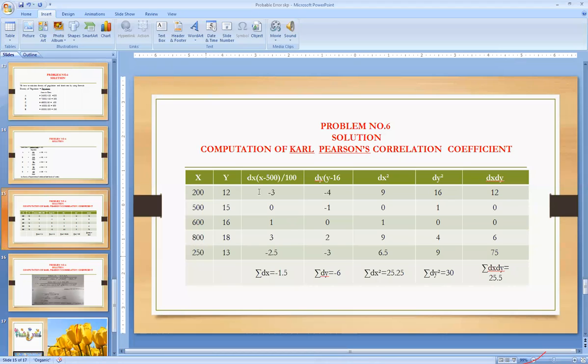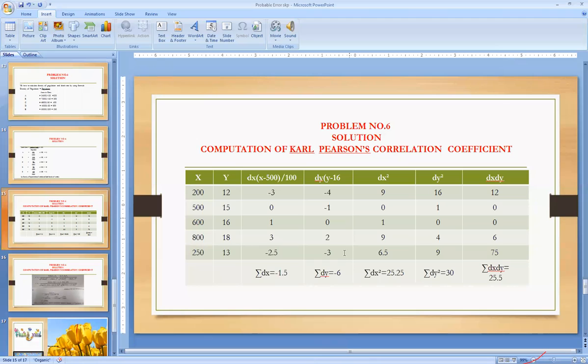To make it simpler, we have divided by 100. Or else you can write it as it is, x minus 500: minus 300, 0, 100, 300, 250, like that. No need to divide by 100, but to be simpler, the numbers in the table we have divided.